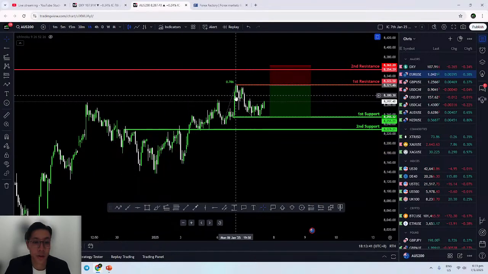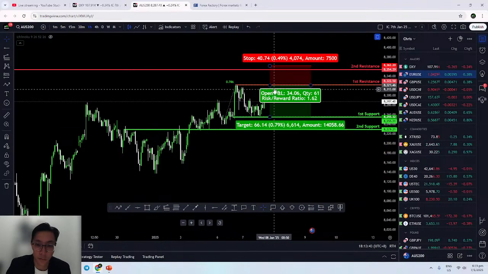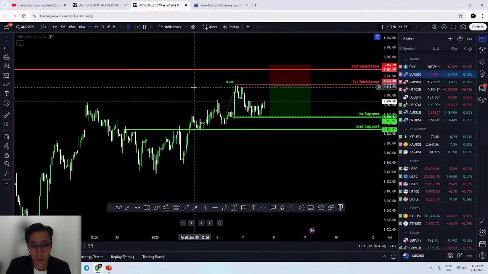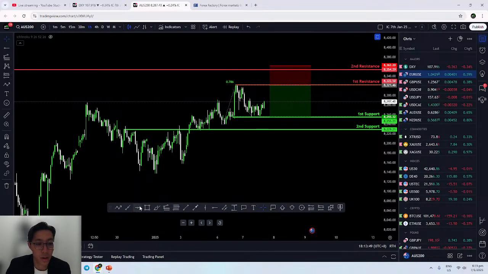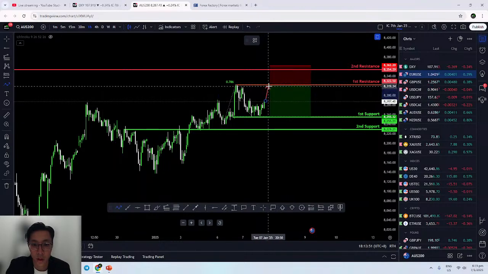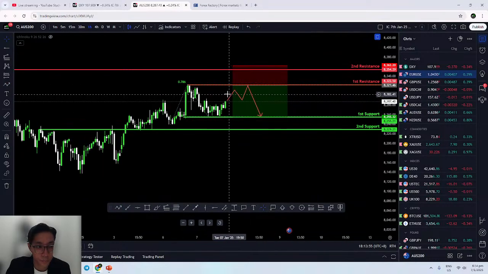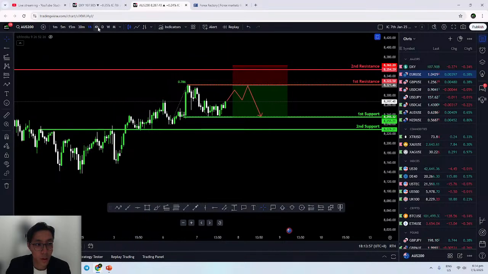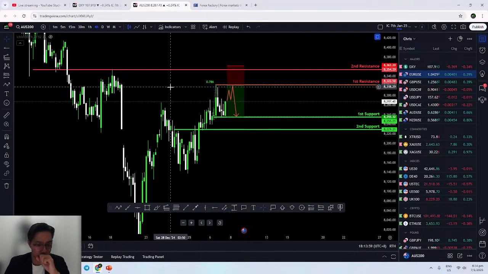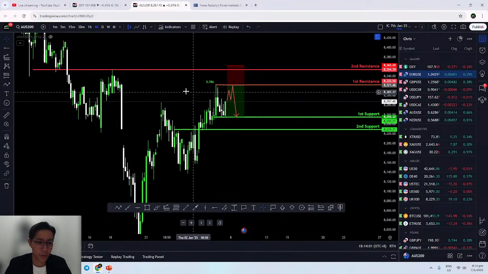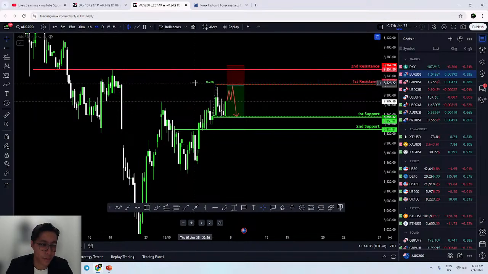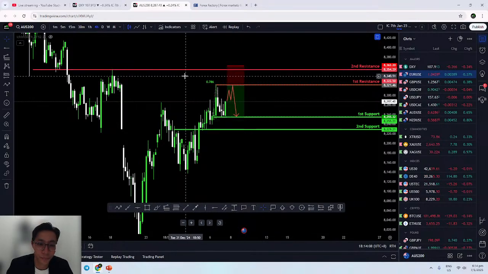So if I draw the extension level and mark out the resistance level, it's possible that price might show rejection from here and then we enter from here. But H4 doesn't look too good. H4 looks like it's going to break past, and then we are looking for a sell around here.